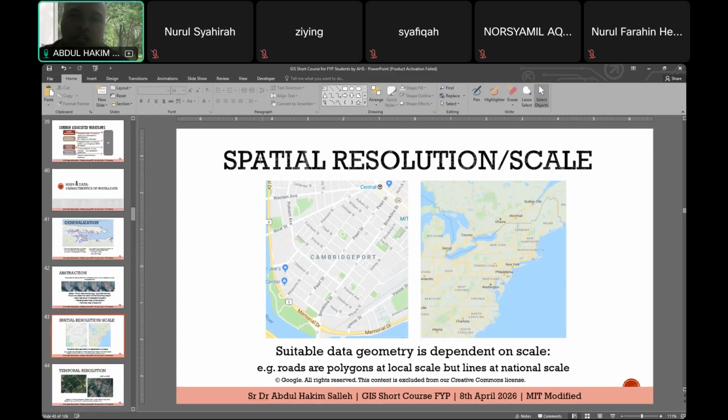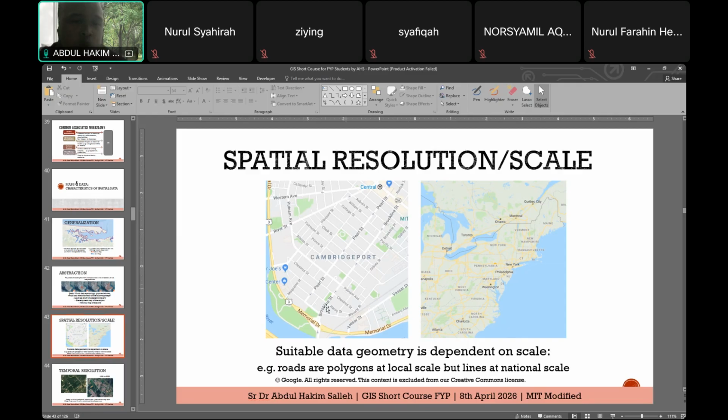Now, the next characteristic is the spatial resolution. Okay. Here, I provide you some images. If you take a look here, the left image is where you zoom in to the closest scale possible, and then you will see these white roads.